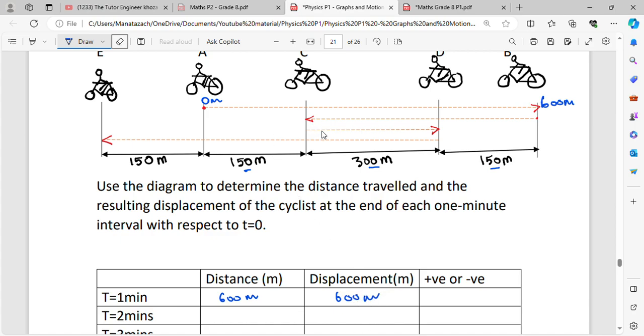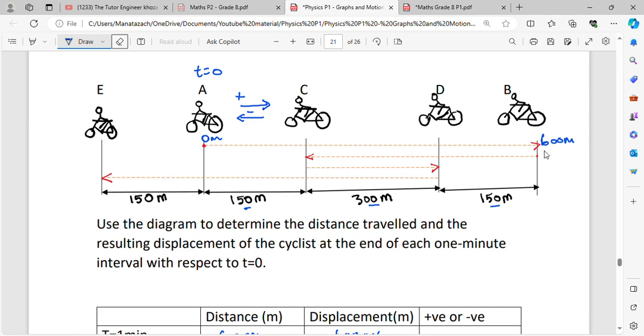For the displacement, just bear in mind that the direction matters. So we'll choose going to the right hand side as positive, and going to the left hand side we'll say it's negative. Now the next iteration of the cyclist is between point B, which is at 600, to point C. The distance between point B and C is 150 and 300, but since the direction is to the left, we'll make it negative.